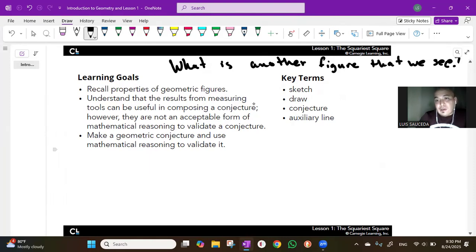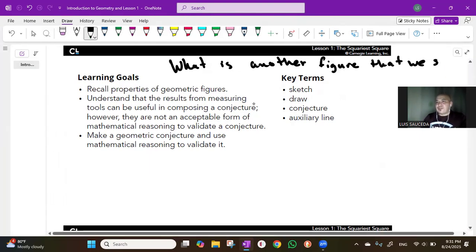Okay. Now the second goal here is to understand that the results from measuring tools can be useful in composing a conjecture. So when we use tools like rulers, protractors, and that kind of stuff, we can make conjectures about certain things, right? It's the same way as when we investigate, like let's say there's a criminal investigation. Yeah, I know we're going a little dark here already.